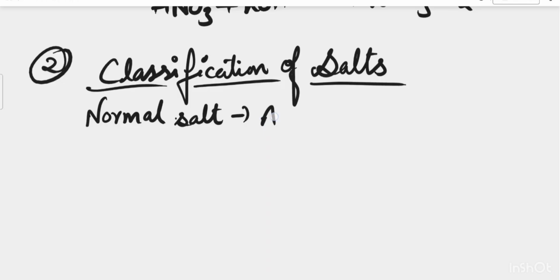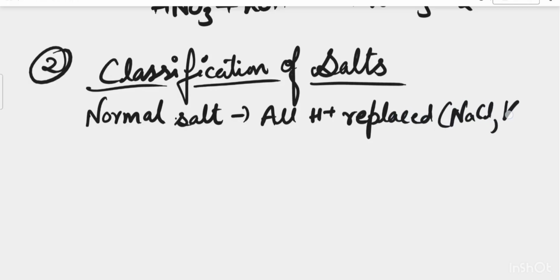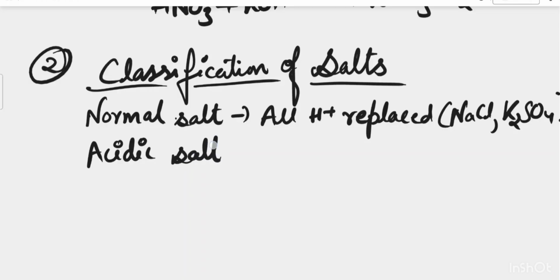In normal salt, all H positive are replaced. Example, NaCl, K2SO4. Then acidic salt, where not all H positive are replaced.